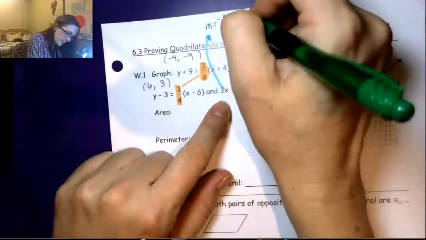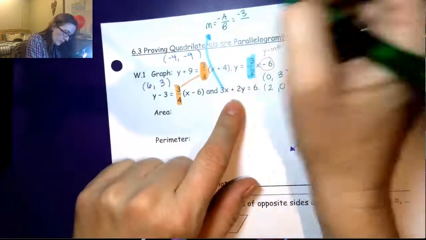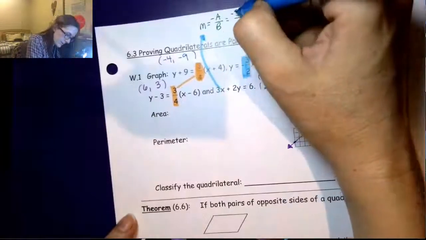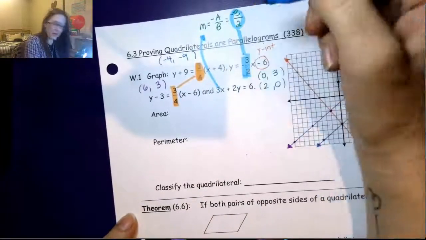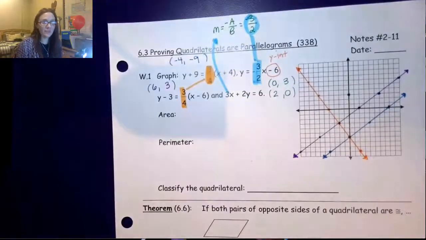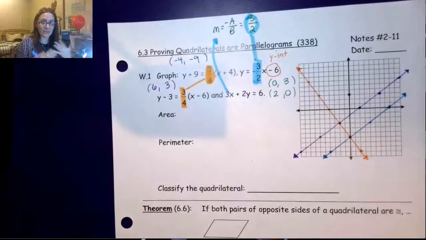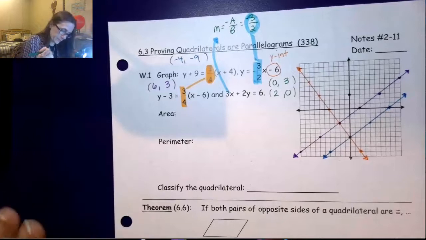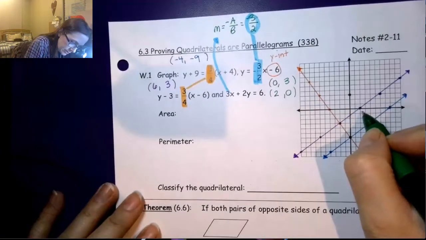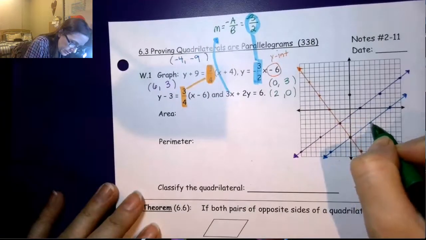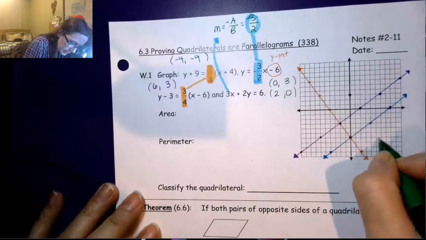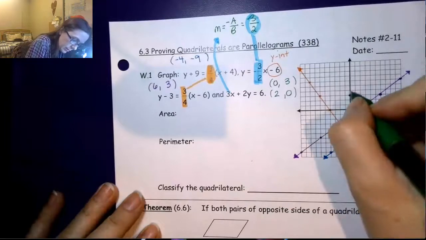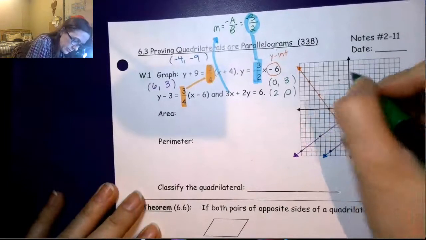So negative a is going to be negative 3 over b, which is 2. And notice that these two slopes right here match. So again, if I have two pairs of opposite sides that are the same, those lines are going to be parallel. Down 3 over 2, down 1, 2, 3 over 2. Go up 1, 2, 3, back 2.